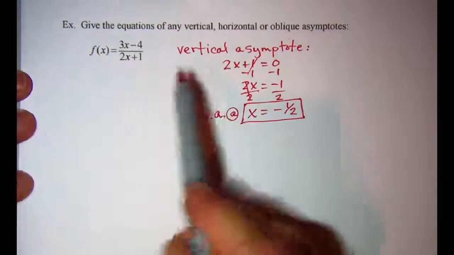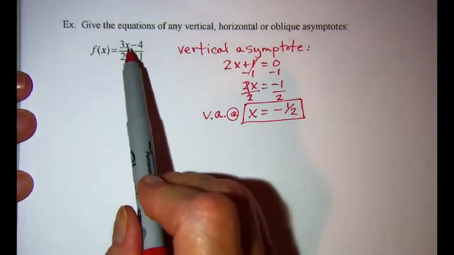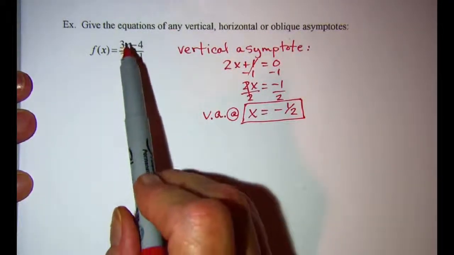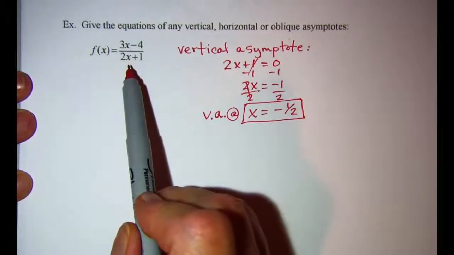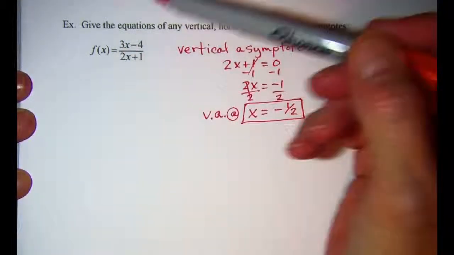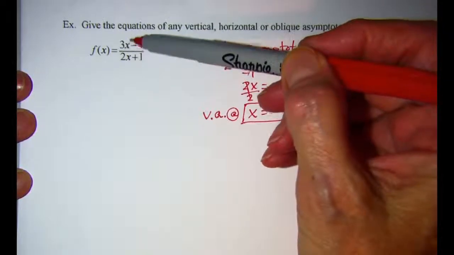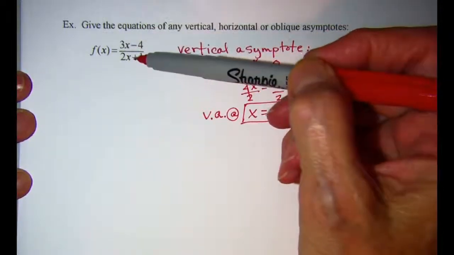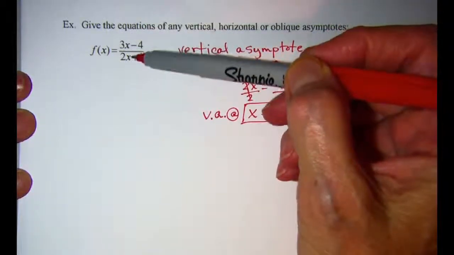Our non-vertical asymptotes, again, we have to see how the degree of the top and the degree of the bottom compare. Notice that the degree of the numerator is first degree. The degree of the denominator is also first degree.